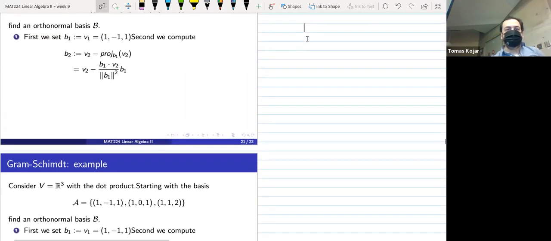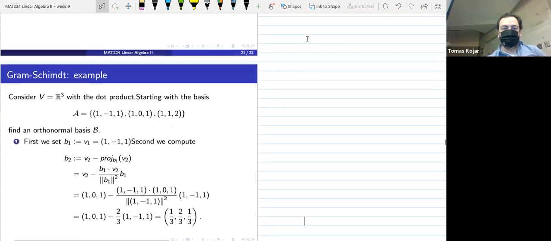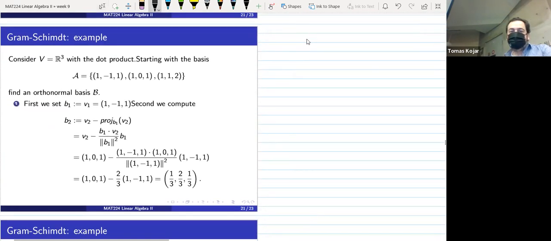So this is B1, and this is V2. And then I can divide by B1 squared.